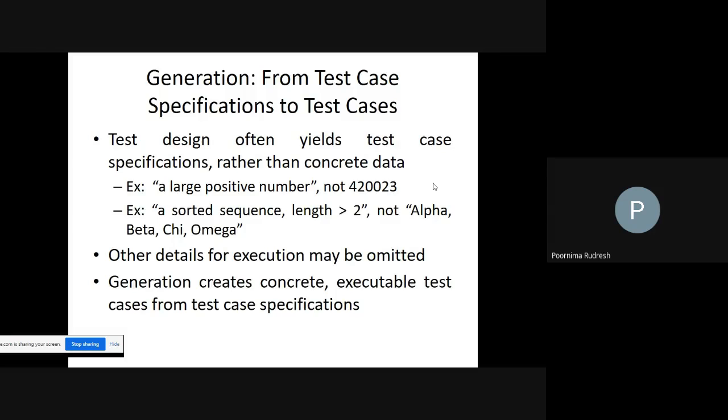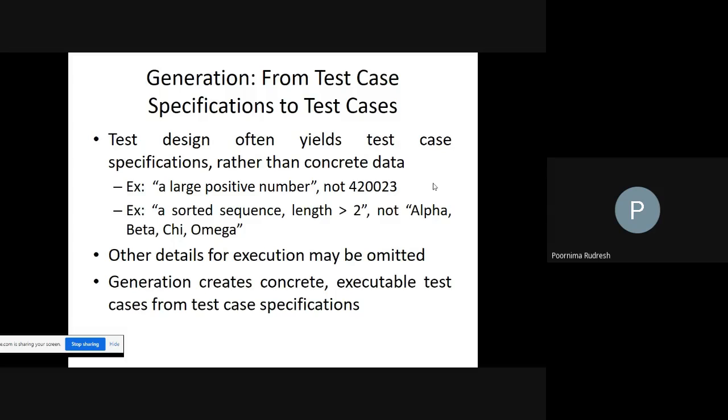For example, here they have given a large positive number. The positive number may be any number ranging from 0 to some maximum value. We are not giving any particular number, because a positive number may be any value from 0 to any larger positive number.